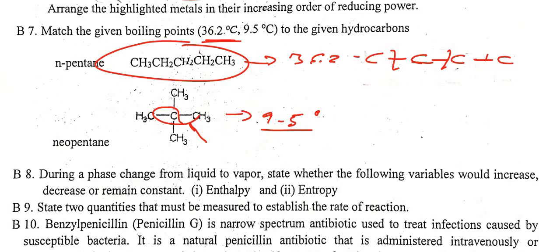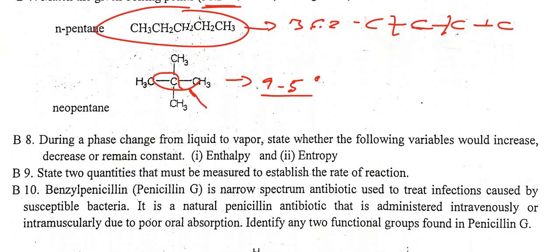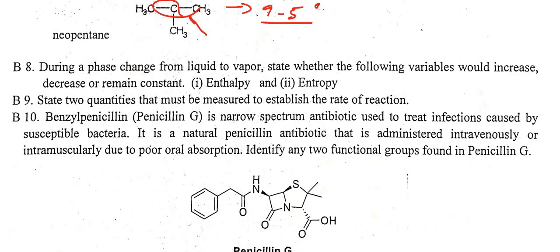Then this one here, they're saying during a phase change from liquid to vapor, in a phase diagram for example, state whether the following variables would increase, decrease, or remain constant. So enthalpy is the heat. If you are changing something from liquid to vapor, obviously you have to increase the heat, right? So it increases.